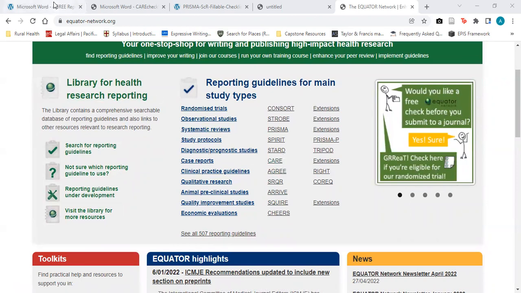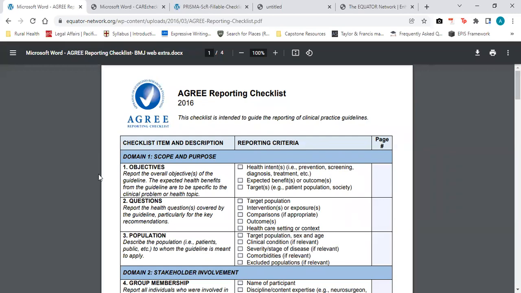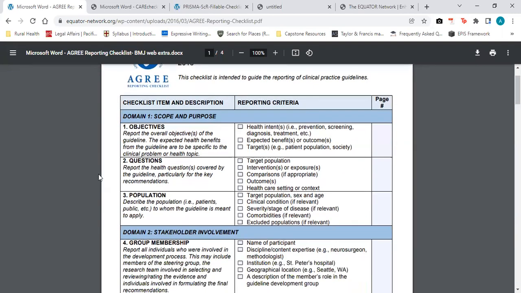So we're going to look at this one here, which is for clinical practice guidelines, the AGREE reporting checklist. If we look here, you can see that it breaks it down into different sections, and different information that may be very valuable for you to think about and to help you organize and structure your capstone project.